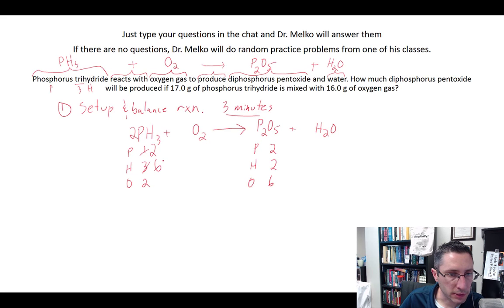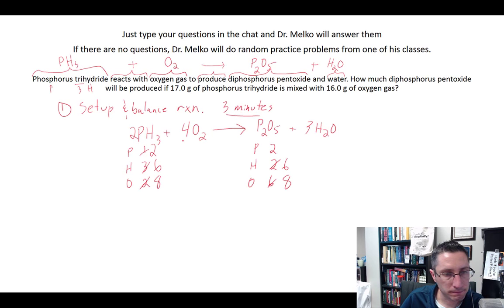And so now I have 2 phosphorus on the left, 6 hydrogen on the left, 2 oxygen on the left. So phosphorus is now balanced. My hydrogen is imbalanced. I can modify that with a 3 in front of water. Of course, that creates an imbalance in oxygen, and I need a 4 in front of oxygen to bring that up to 8.